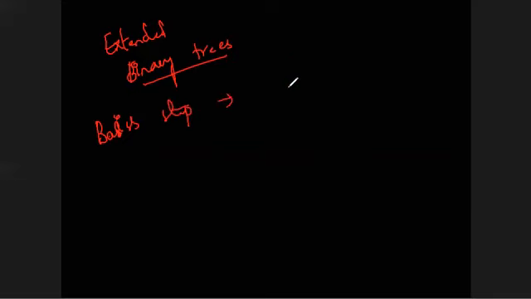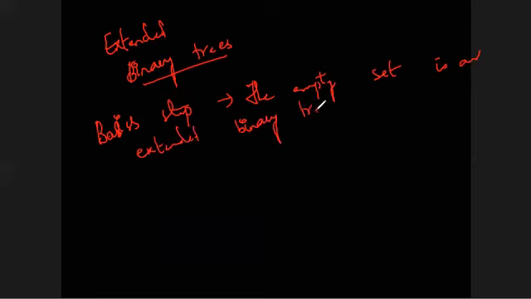The empty set is an extended binary tree. While the recursive step is if T1 and T2 are disjoint, as we have studied in the full binary tree. For that, the diagram will be in this way.